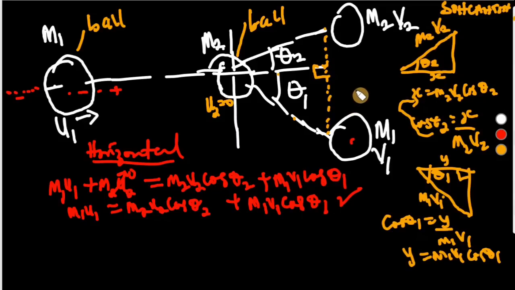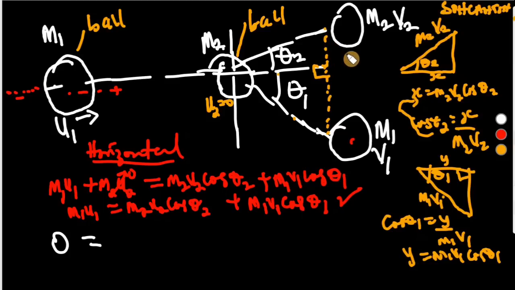Let us now find the vertical part of the motion. When this ball is moving horizontally, it doesn't have a vertical momentum, so the vertical momentum is 0. So we have 0 equals, and we take the upper part as positive. Let us find the vertical component of this.